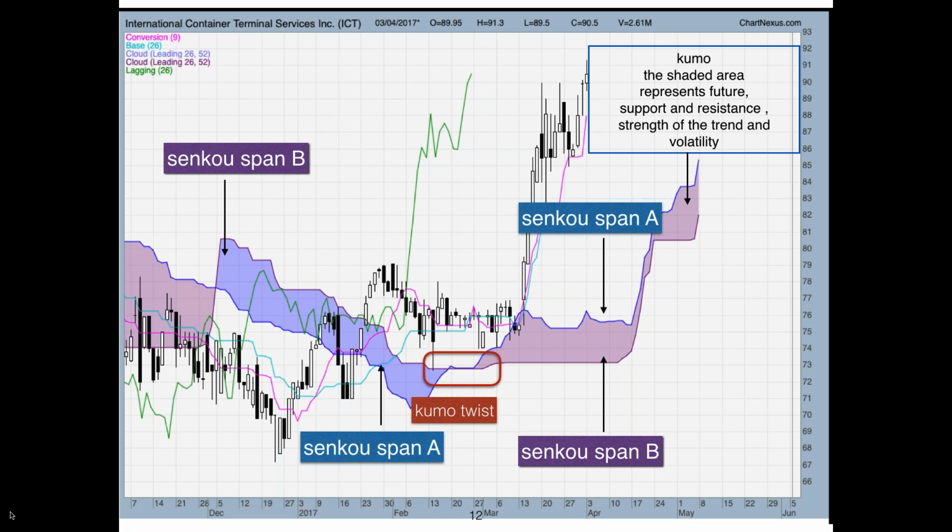The Kumo is the shaded area between Senkou A and B. The Kumo, or the cloud, is the foundation of the Ichimoku charting system. So a Senkou span cross happens when the Senkou span A and B cross or change positions. This is what you call a Kumo twist.